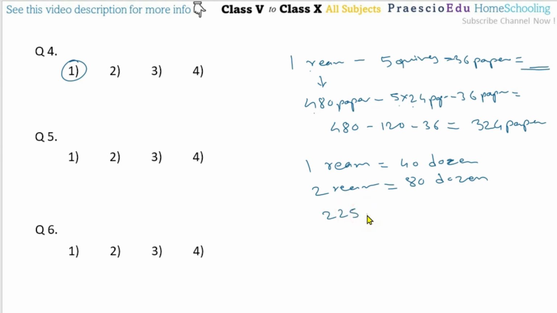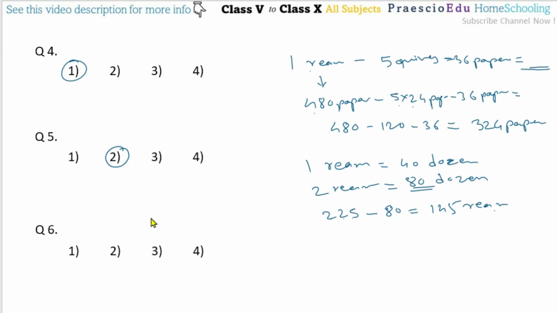Okay, so from this, 2 reams of paper means 80 dozens were used, so the remaining we have to calculate. So 225 minus 80 is equal to 145 dozen papers remaining, and that is given in option number 2.